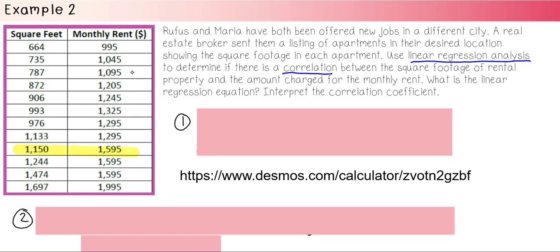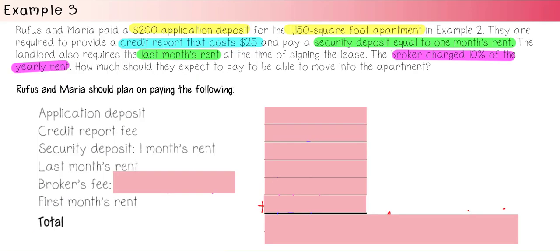So the monthly rent would be $1,595. So let me write this. Rent is $1,595. So now we need to add everything they said.